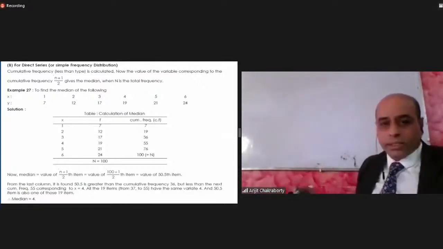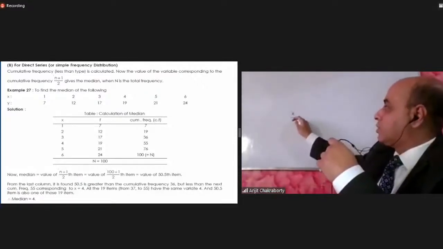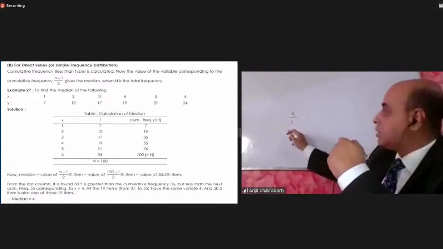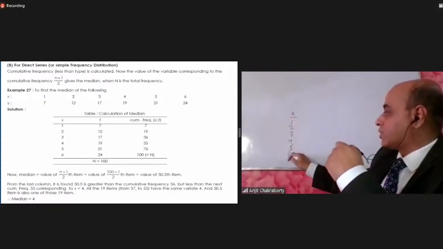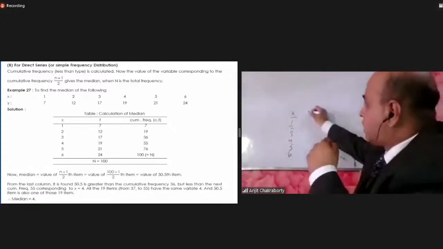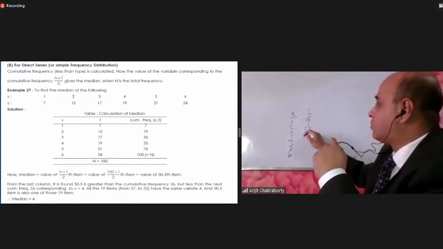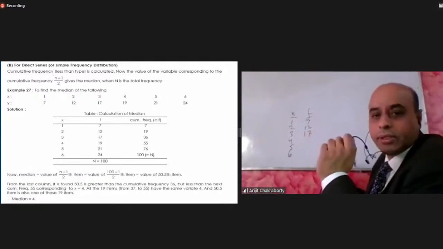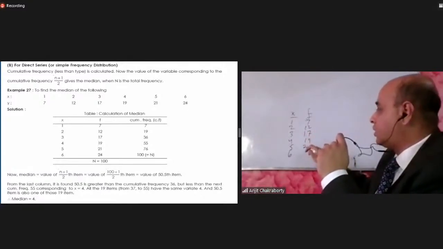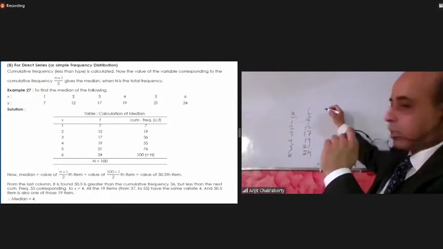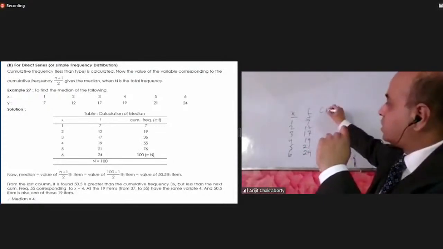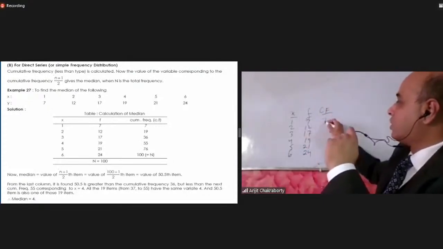So first is x. I'll write x, observation 1, 2, 3, 4, 5, 6. Now we have the frequency f: 7, 12, 17, 19, 21, and 24. I will now calculate the cumulative frequency, CF. 7 will remain 7.